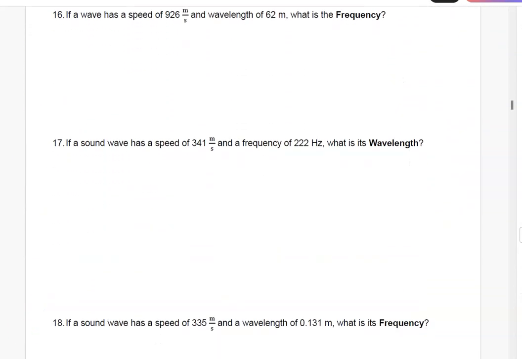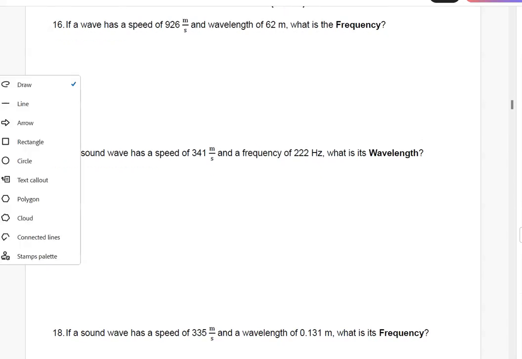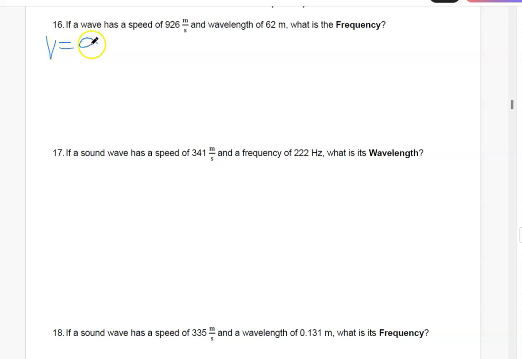All right, continuing on. If a wave has a speed of 926 meters per second, so we'll just write that down. Our speed is 926 meters per second, and a wavelength of 62 meters. What is the frequency? Well, we have two formulas for frequency.